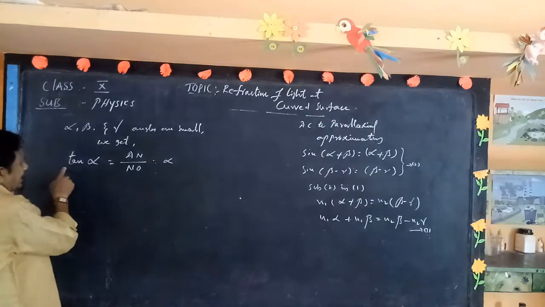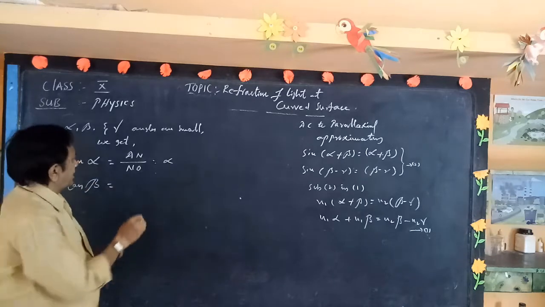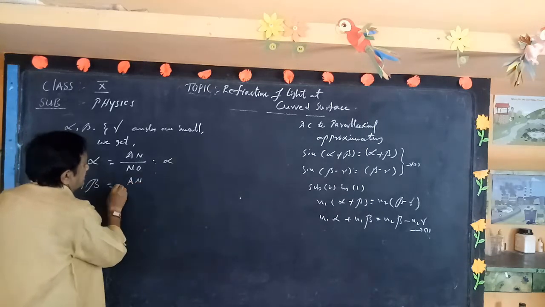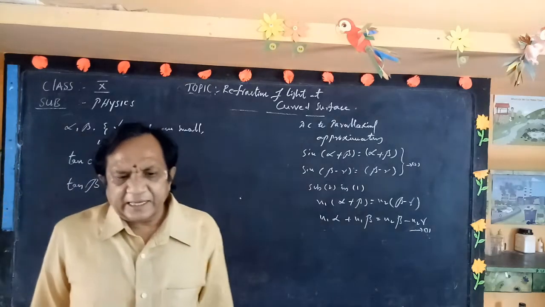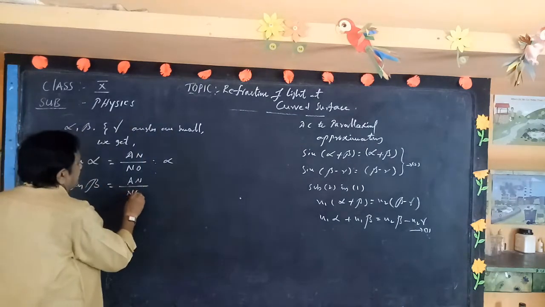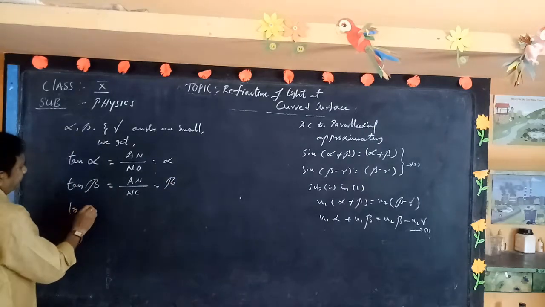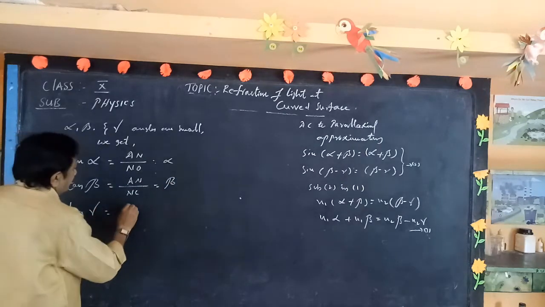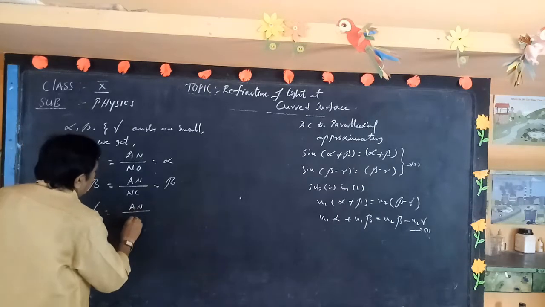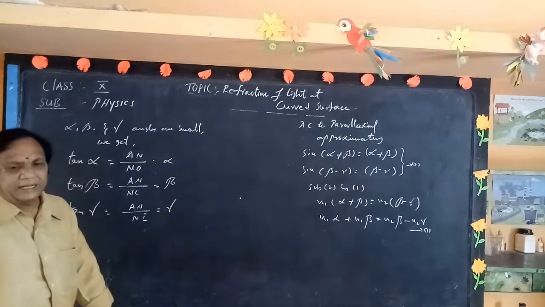No need to consider the tan value also. Now tan beta is equal to, here also the opposite side is AN by NC. AN by NC is equal to beta, and tan gamma is equal to, here also AN by NI, taken as gamma.